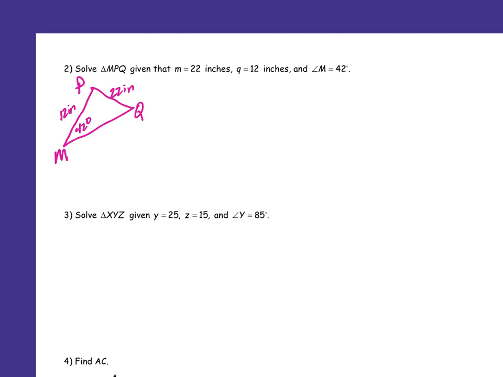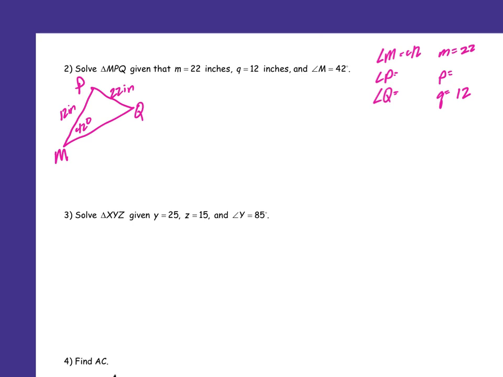So I've got angle M, angle P, angle Q. Side M, side P, and side Q. So angle M is 42, side M is 22, side Q is 12.